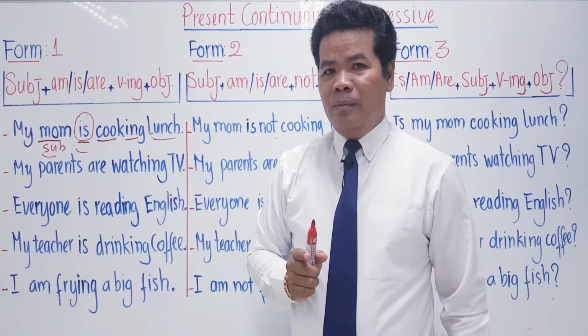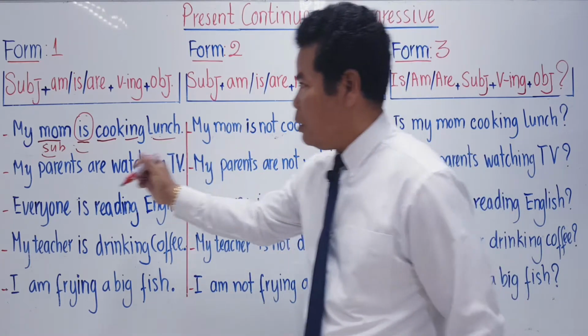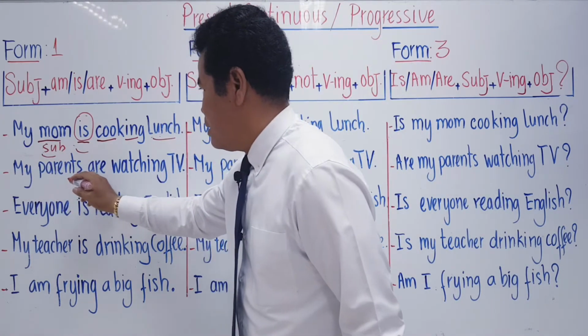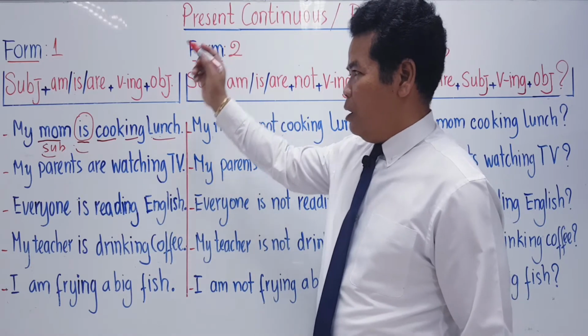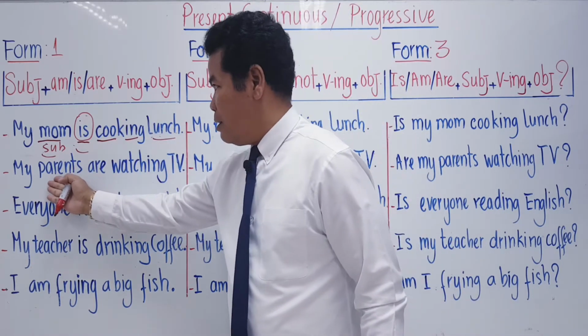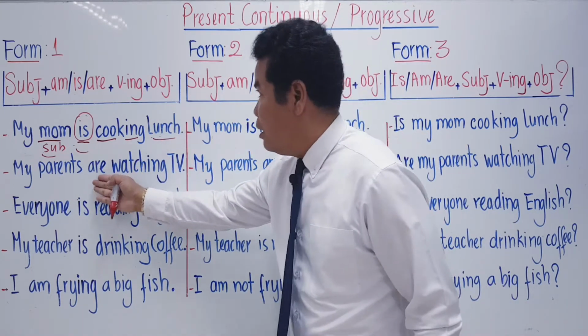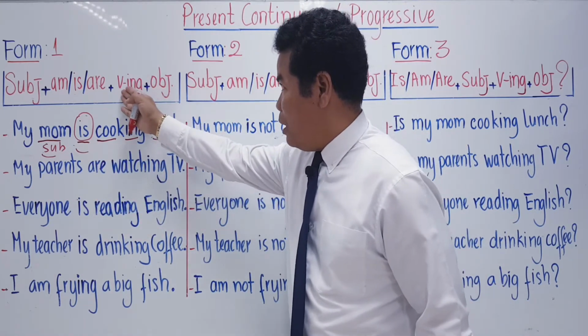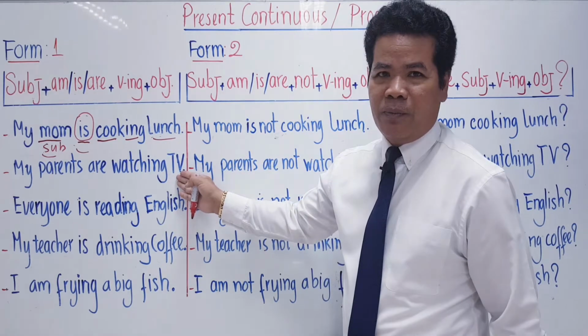Alright? Understand? Now let's go to the second example. My parents are watching TV. Let's see. Do we have a subject? Yes. Parents. Do we have part of verb to be? Are. Do we have verb plus ing? Yes. And then we also have got object.